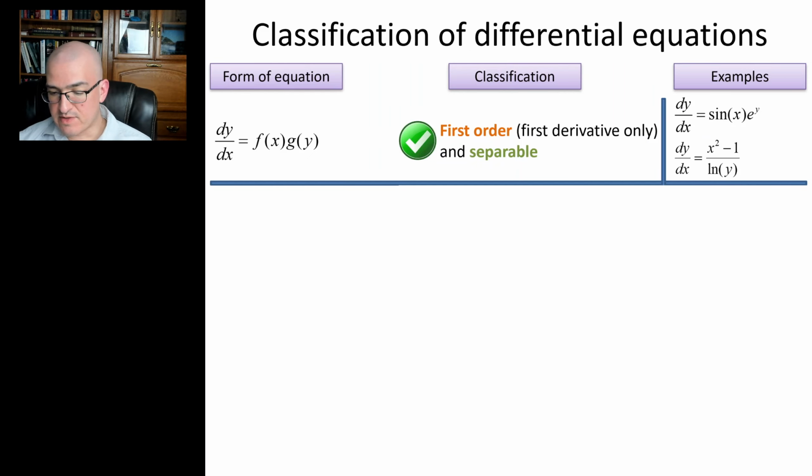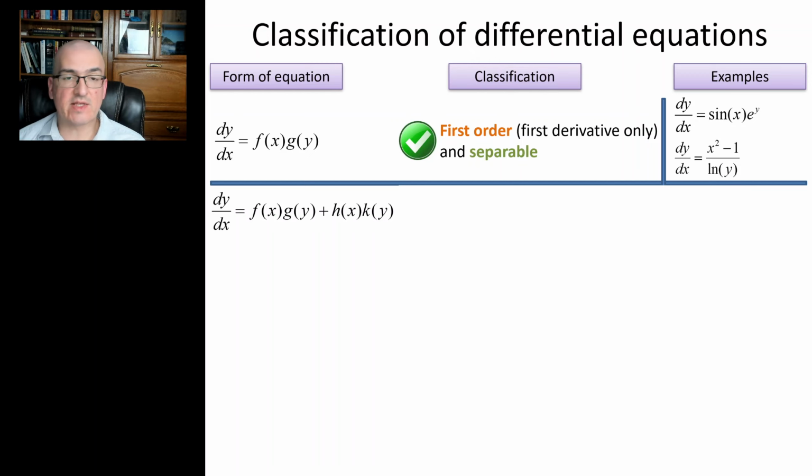Some examples are given on the right-hand side. The more general form is if we have a mixture of functions of x and y, where it's not possible to completely disentangle the x component from the y component. We couldn't, for example, divide both sides by g of y and then get an expression that's just in terms of y on the left, because we have another expression with h of x, k of y on the right-hand side, and that would still remain.